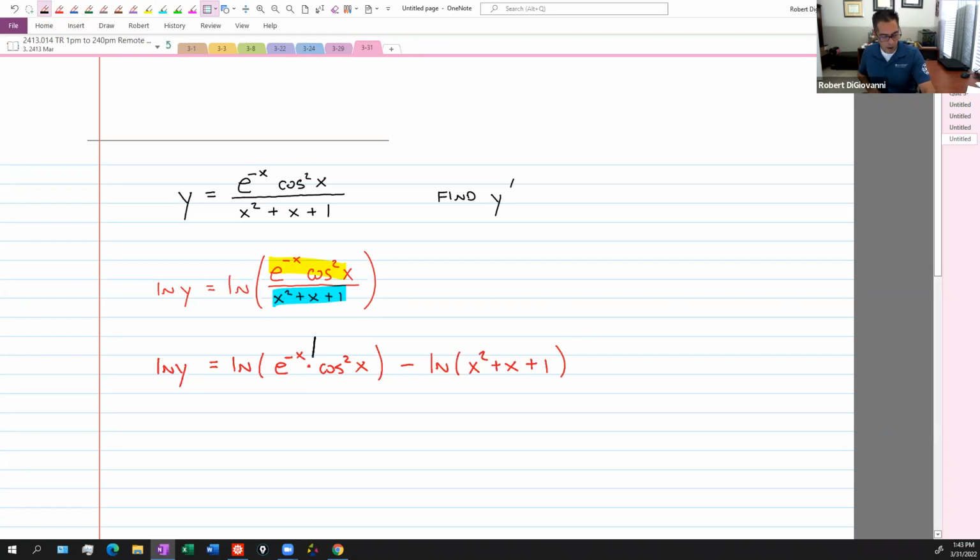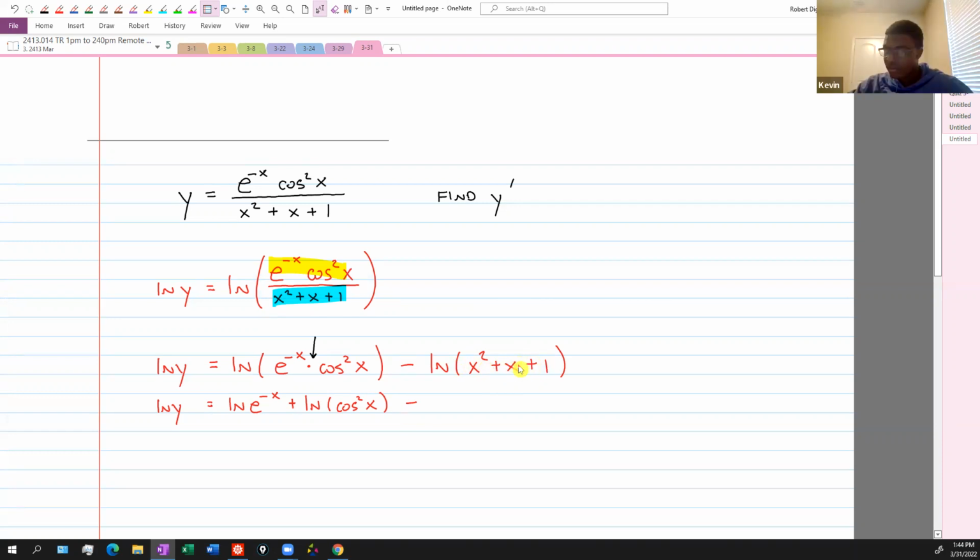I have a product here, so I can split that into two logs with addition: natural log of e to the negative x plus natural log of cosine squared x. And then over here, can I split this one up? Can I split that into 3 logs? No, right? Those are pluses. You can't do anything with this. So I've got to leave this one alone.